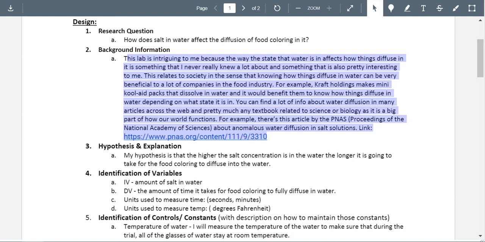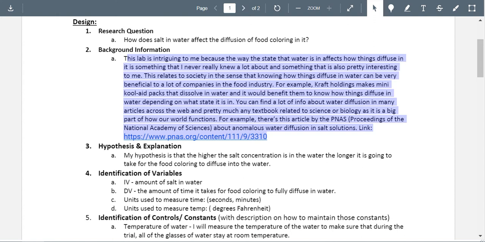All right, let's see what you have here. You said, this lab is intriguing to me because the way the state that water is in affects how things diffuse in it. You're definitely going to want to rephrase this, okay? Again, you're not just competing against getting it graded by me, but somebody in a foreign country that grades this as an external moderator, so they do want to make sure it's clear.